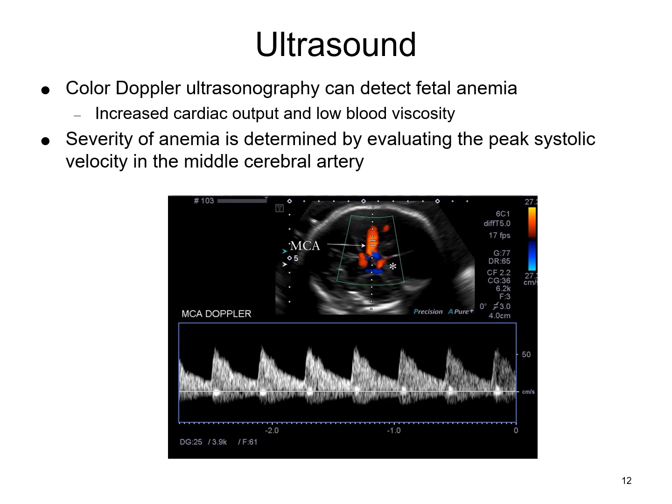The severity of the anemia is determined by evaluating the peak systolic velocity in the middle cerebral artery. This is just an image of that ultrasound and what they're looking for. Now, I don't understand what all of this means, but it has something to do with these peaks that they look for when they do that ultrasound to monitor the infant and check for fetal anemia.